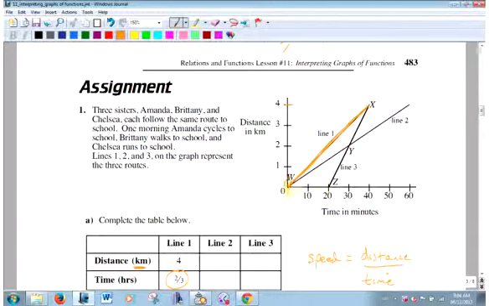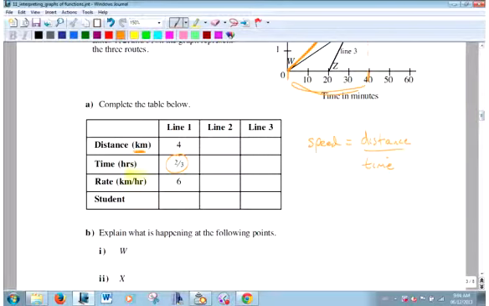You got to look here. It starts here. It goes to here. That's 40 minutes, but we don't want it in kilometers per minute. How many hours is 40 minutes? 2/3 of an hour, right? There's 60 minutes in an hour, 20, 40, 2/3 of it.